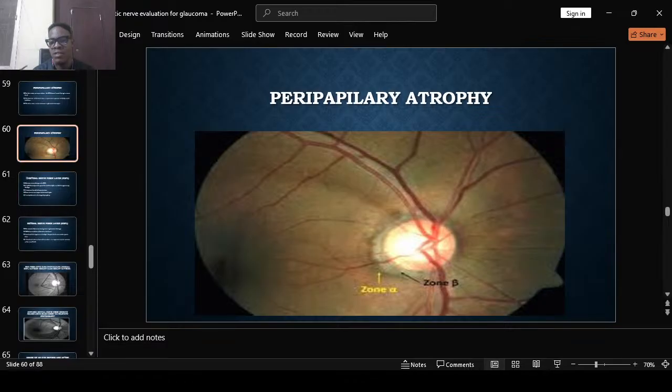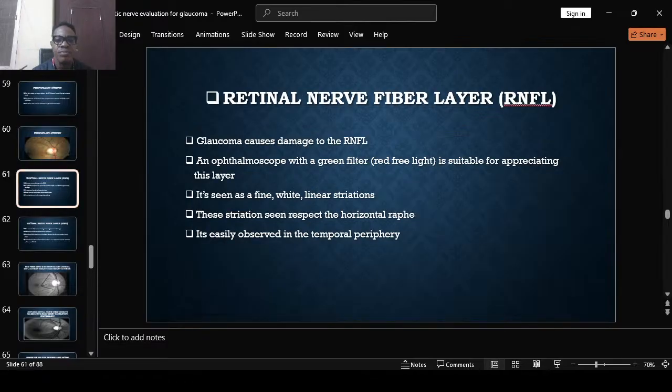So let's look at the retinal nerve fiber layer. Glaucoma causes damage to the retinal nerve fiber layer. These striations seen respect the horizontal raphe, and it is easily observed in the temporal periphery.